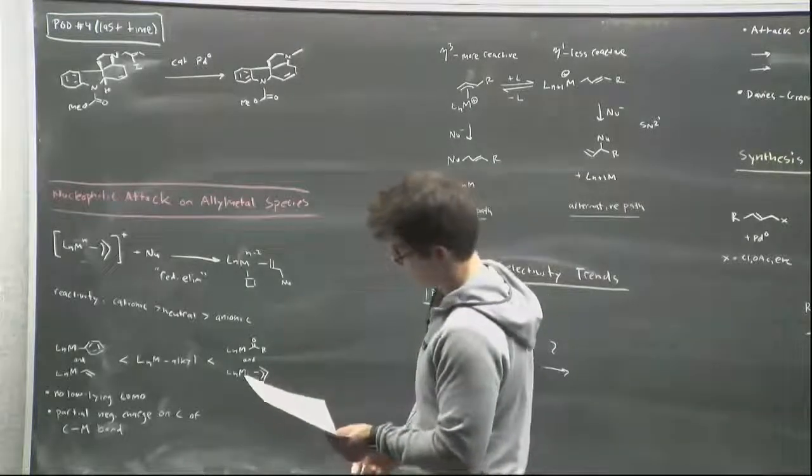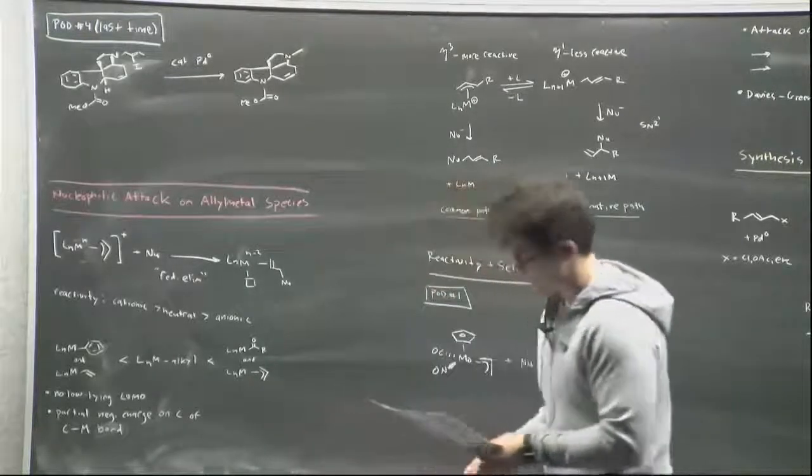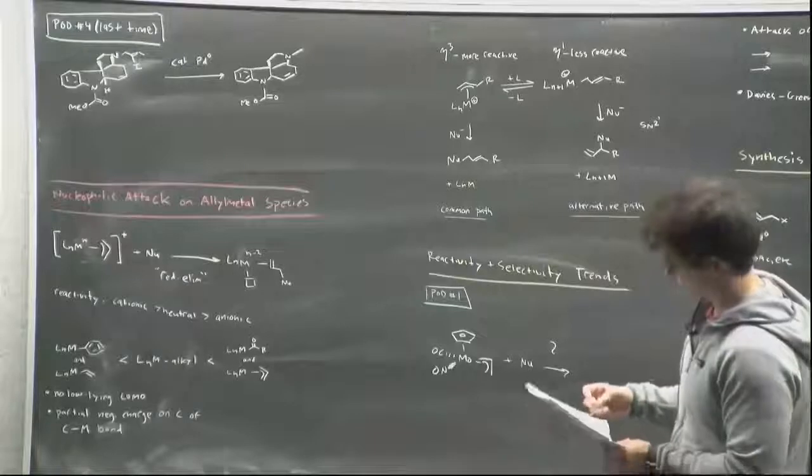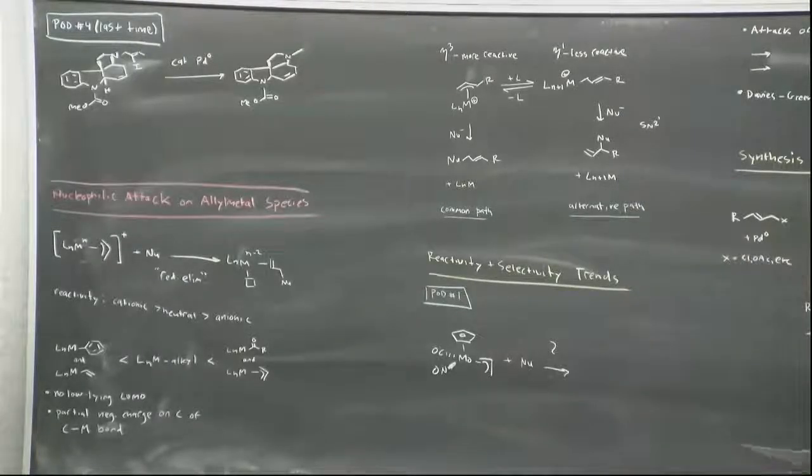It could eliminate to give the product labeled as not formed, but that's not what's observed. The connectivity is different, so let's take a minute to think about that. Quickly discuss with your neighbor, and then we'll reconvene as a group to discuss it.